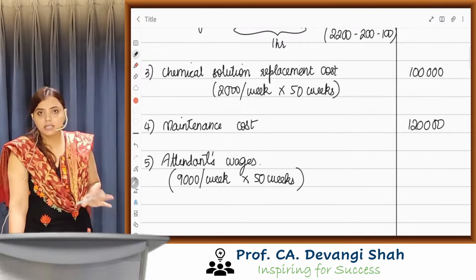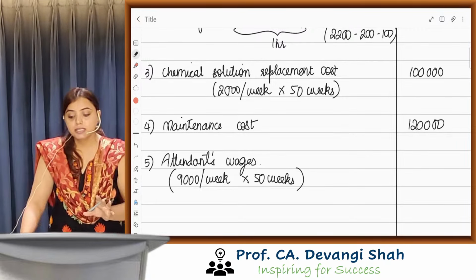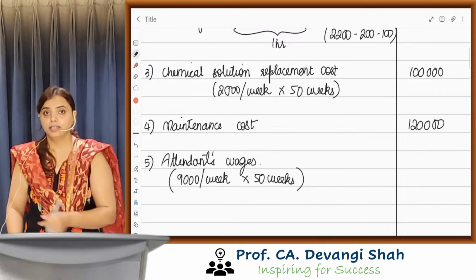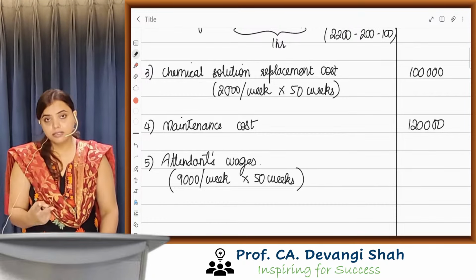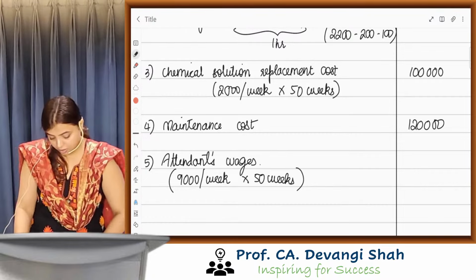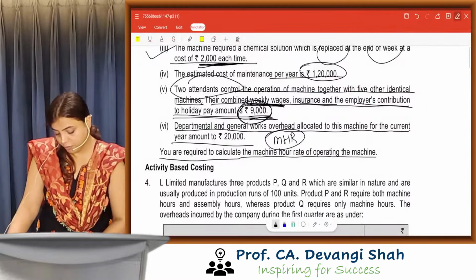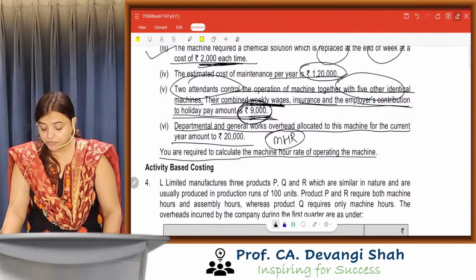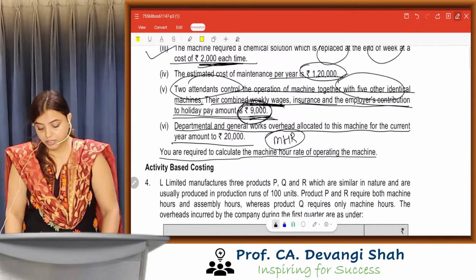But all of this attendance 9,000 rupees is not for this machine only. There are 2 attendants and in totality they are operating and controlling how many machines? With 5 other identical machines.